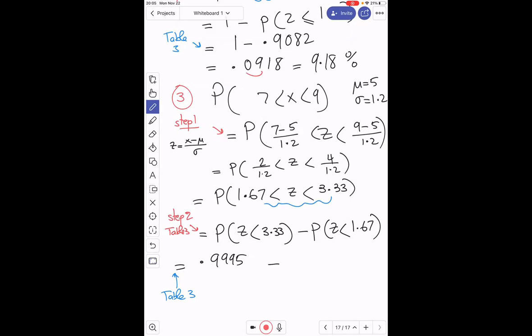So the answer is 0.9525. So the answer would be 0.9995 minus 0.9525, which is 0.0470.